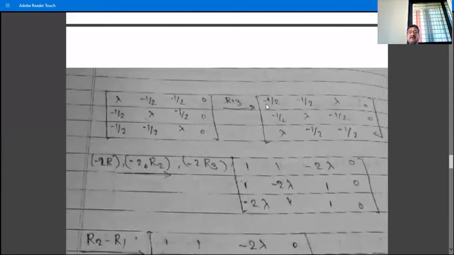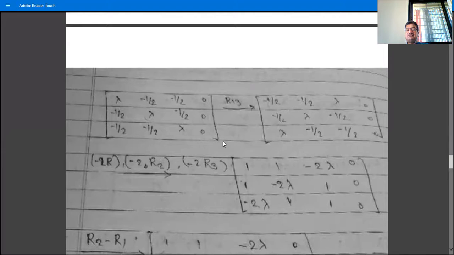Then we have to reduce this minus 1 half to 1, so we multiply R1 by minus 2. Similarly, multiply R2 and R3 by minus 2 in order to cancel the fractions, or we can keep these fractions as they are.